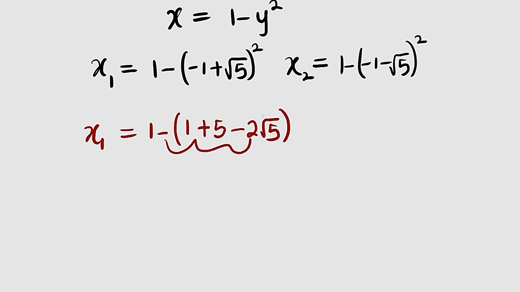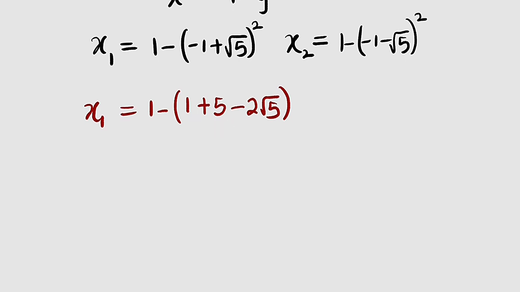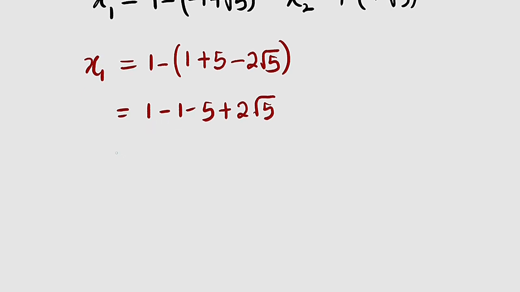If you distribute this negative sign, it will affect all terms. So you have 1 minus 1 minus 5 plus 2 root 5. 1 minus 1 is 0. Then we have minus 5. Therefore, x1 is equal to minus 5 plus 2 root 5.